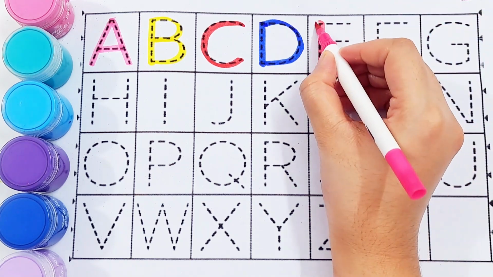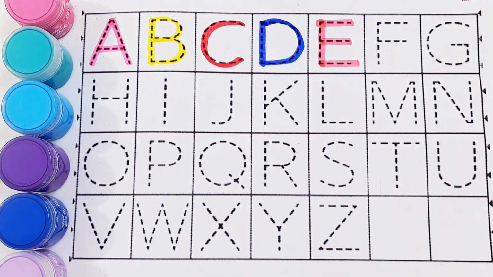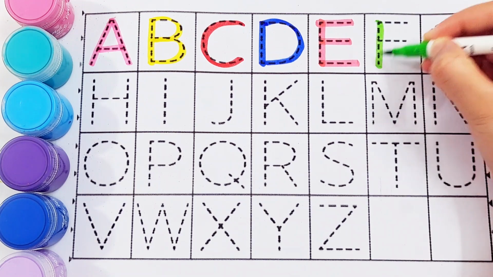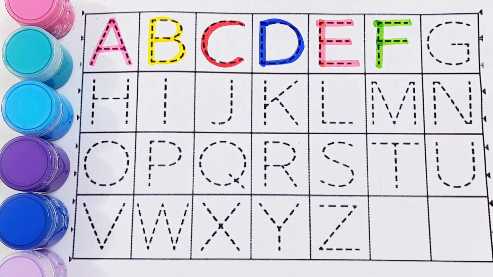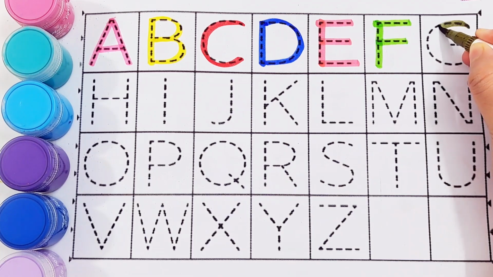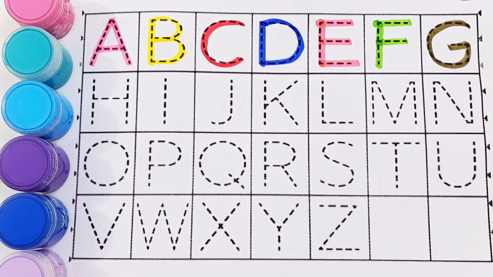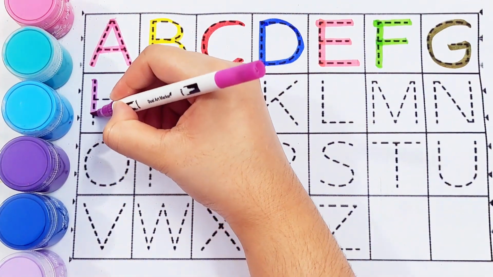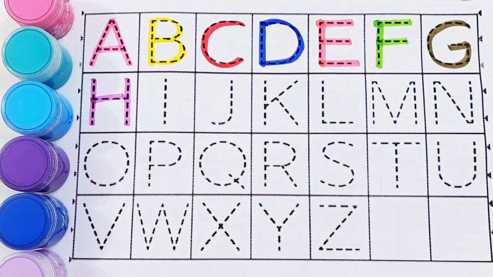E. E for elephant. F. F for fire. G. G for grapes. H. H for honey.